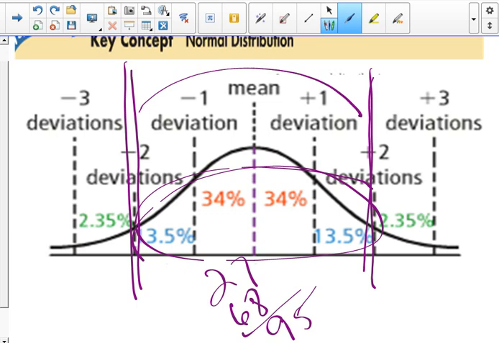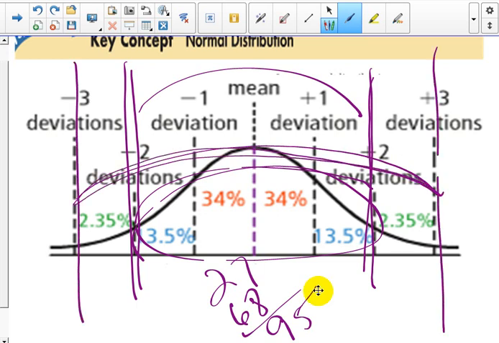And then you're going to have 2.35 and 2.35, so 4.7, so it's going to be 99.7. 99.7% of your data falls within 3 standard deviations. And then there's that 0.3% that's unaccounted for. And we'll learn how to deal with that on the last problem. Okay?